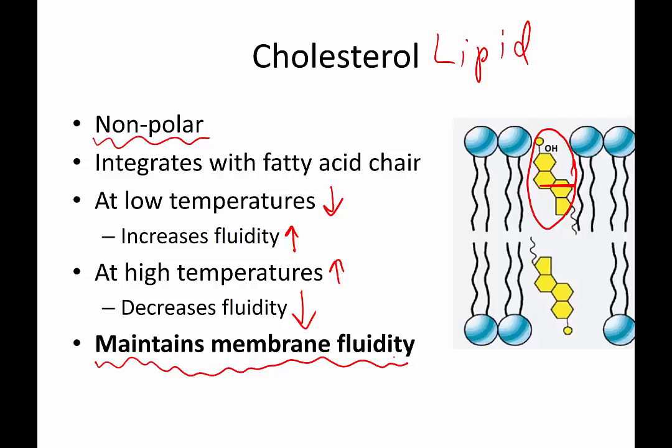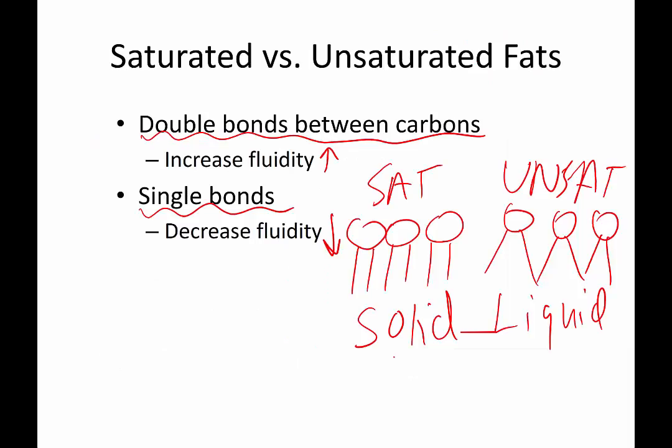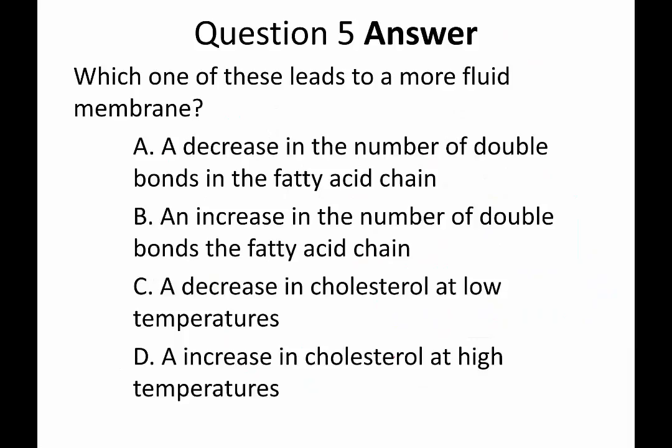Okay, so now we've covered all of that, let's go back to the actual question. So here you have 4 different possibilities for question number 5. The first one is a decrease in the number of double bonds in the fatty acid chain will make the membrane more fluid. So remember here, double bonds means more fluidity. So an increase in double bonds means an increase in fluidity.